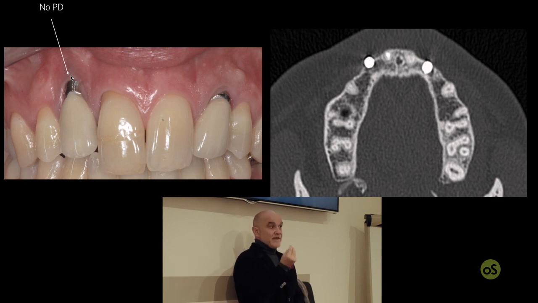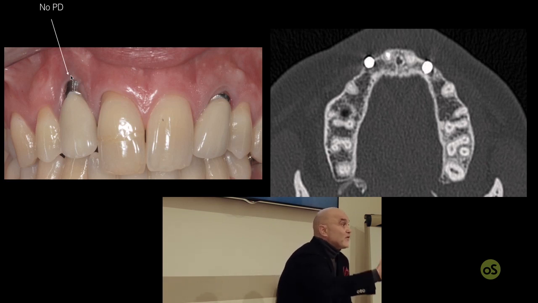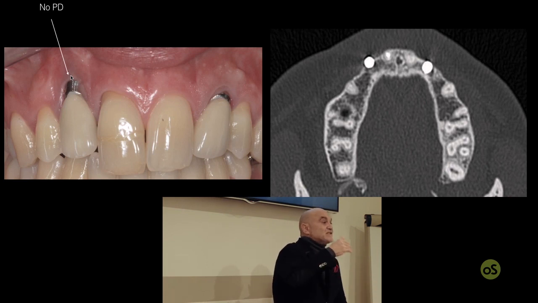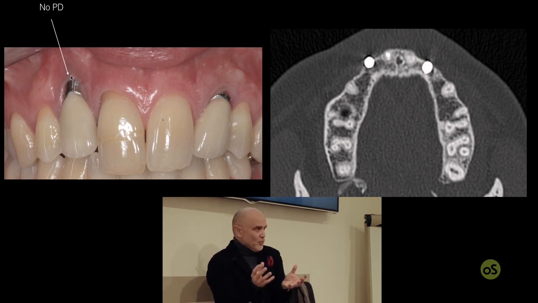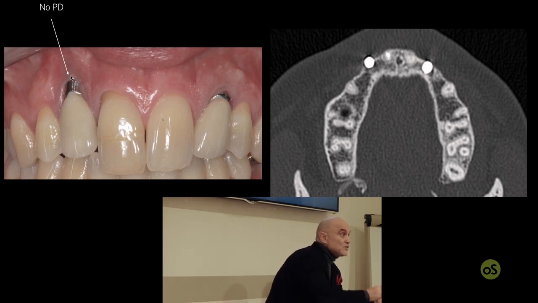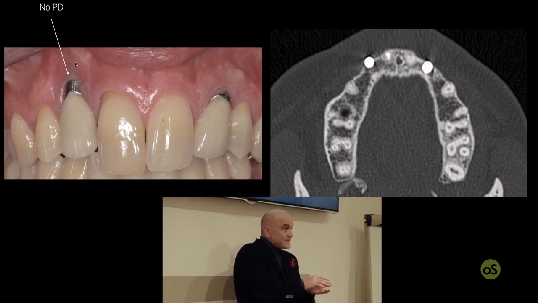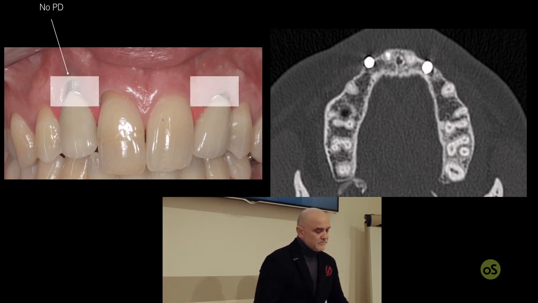But the most important thing is if there is no penetration, there is no contamination. And if there is no contamination, it means I don't have to decontaminate it. It means that my covering procedure can be much, much easier and much more predictable in the long term, because if there was no contamination, despite the presence of such a thin tissue, it will be even less at risk to be contaminated once the thickness of the tissue is increased.